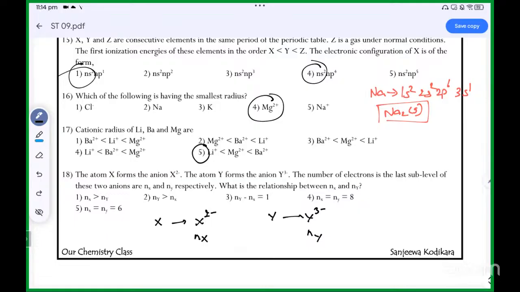Respectively, what is the relationship between NX and NY? So, if the atom X forms the anion X2 minus and Y forms the anion Y3 minus, the number of electrons in the last sublevel of these two anions are NX and NY.